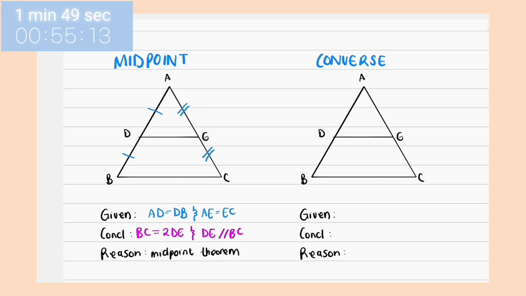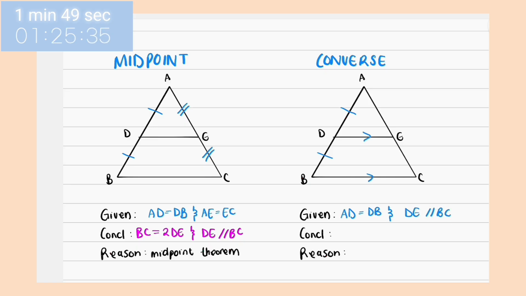Now, when we look at the converse of the midpoint theorem, you have to pay special attention to what has been given or what you have found so far in this triangle. So, with the converse of the midpoint theorem, what they would tell you is something like this. They could give you that AD is equal to DB, right? Okay, so we know that AD equals DB. And then they could also tell you that DE is already parallel to BC.